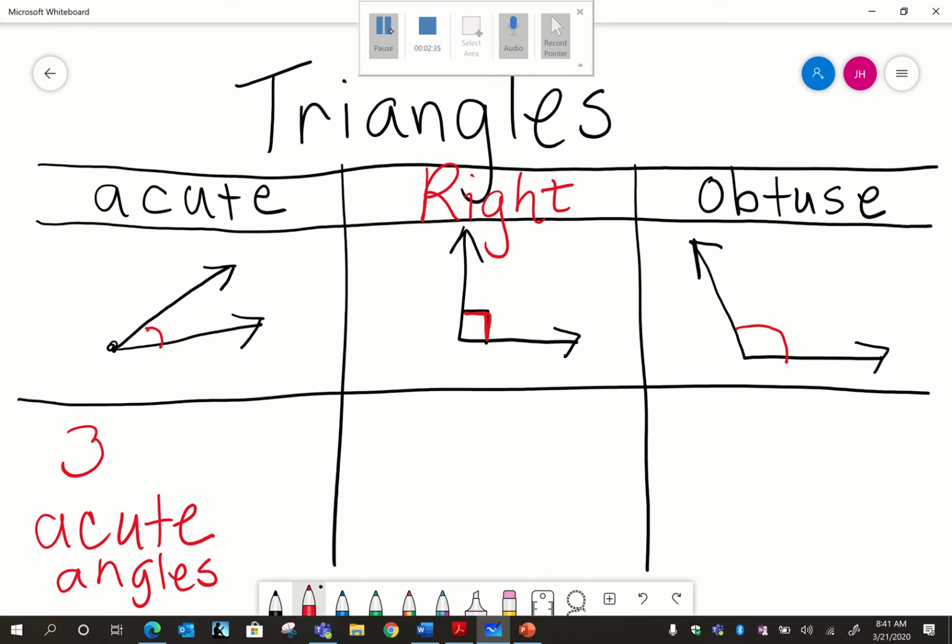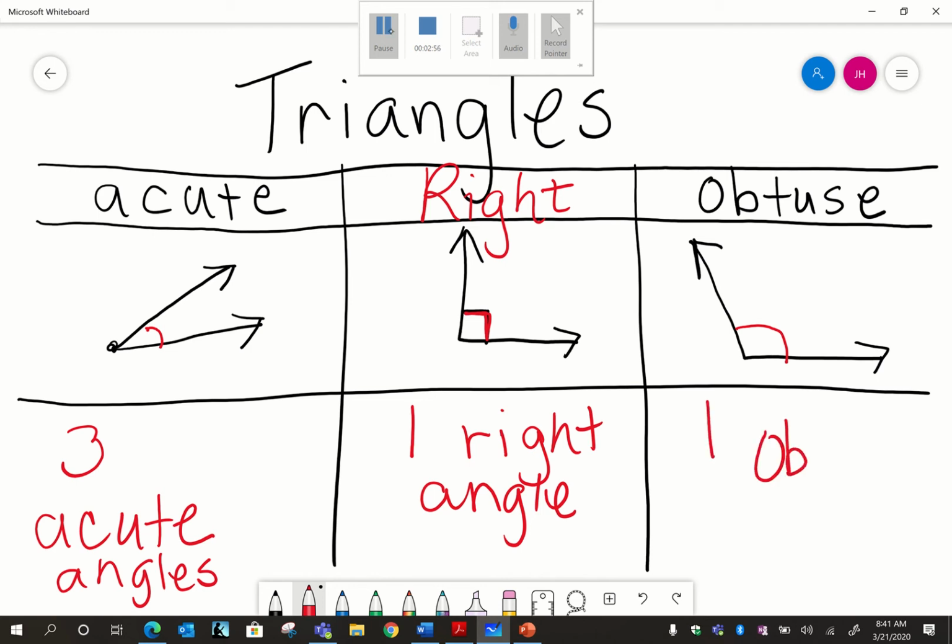And a right triangle has 1 right angle. And an obtuse triangle has 1 obtuse angle.